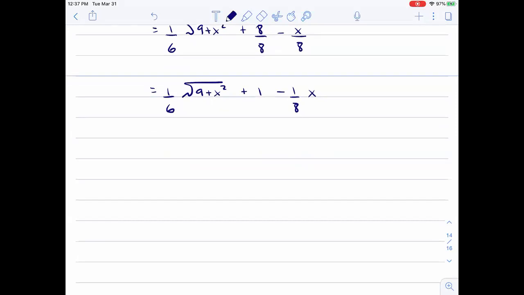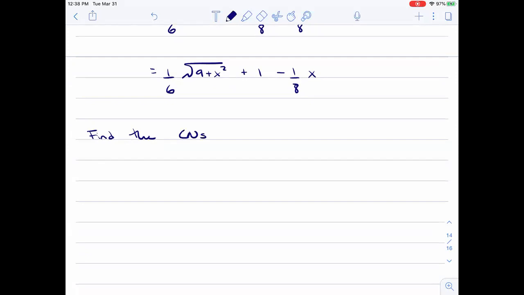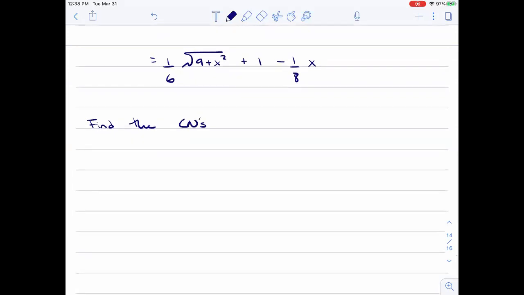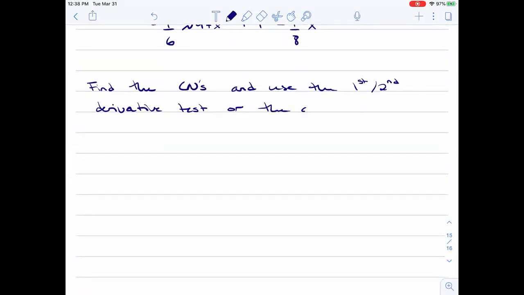So what we're going to do is find the critical numbers and use the first or second derivative test, or the closed interval method, to minimize T of x.